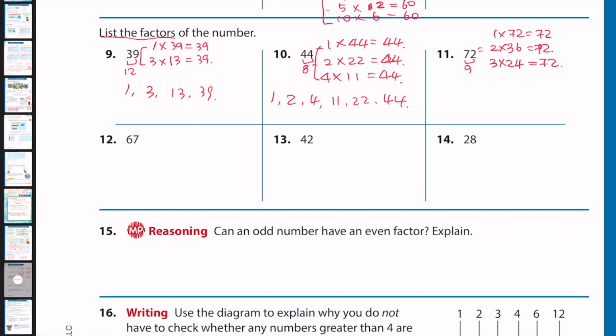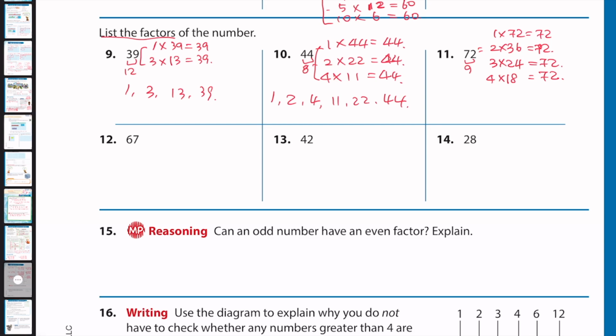And what about 4? This is divisible by 4. Let's see. 4 can fit into 72 by 18, and 4 times 18 is 72. What about 5? Can't be. What about 6?